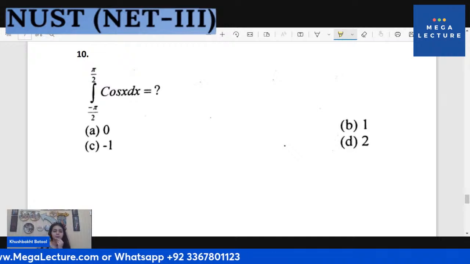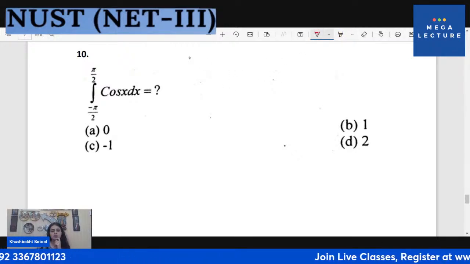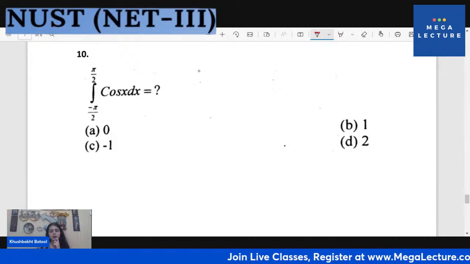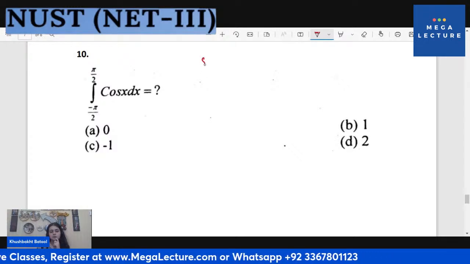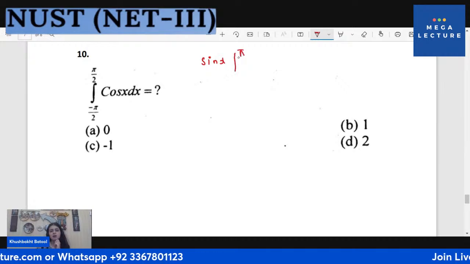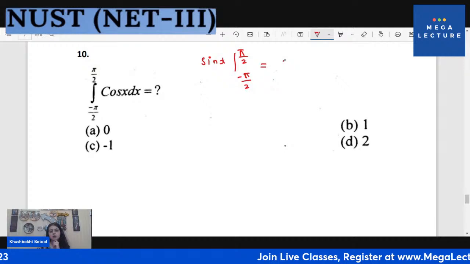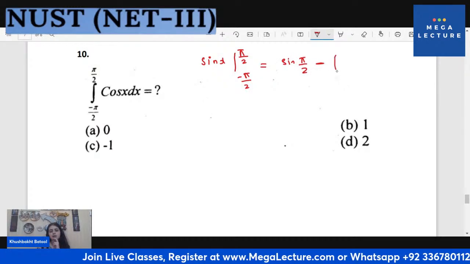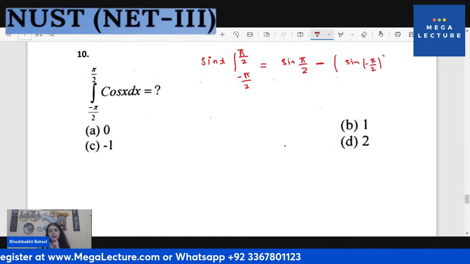Okay, now for this, you need to understand one thing, that when you integrate cos of x, this is going to give you sine of x, and the limits are pi by 2 and minus pi by 2. So sine of pi by 2 minus sine of minus pi by 2.